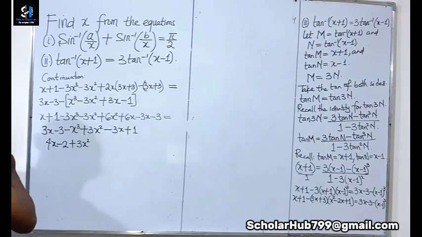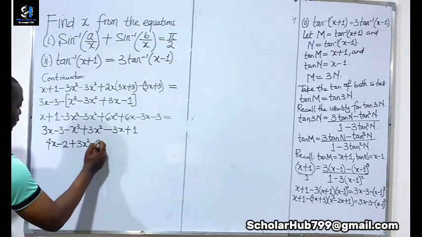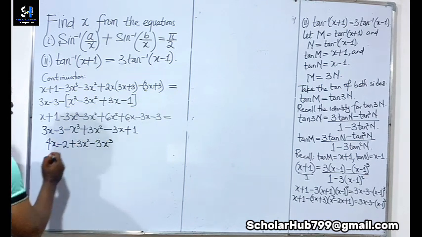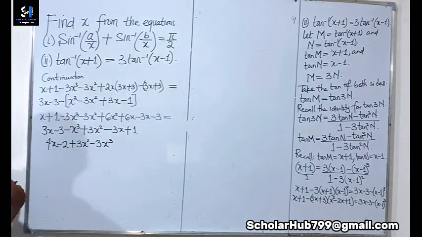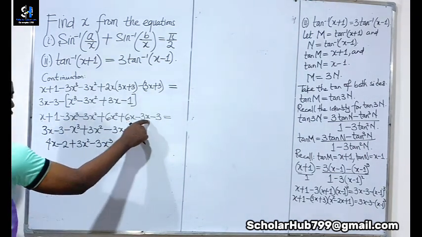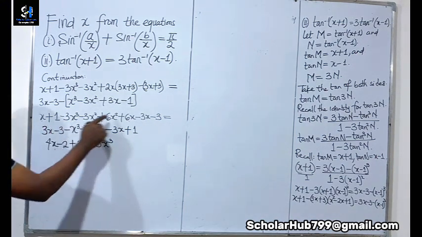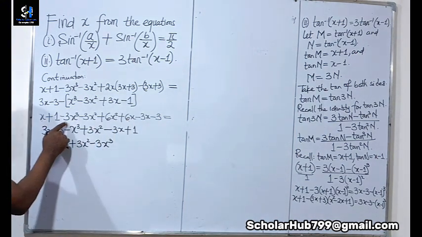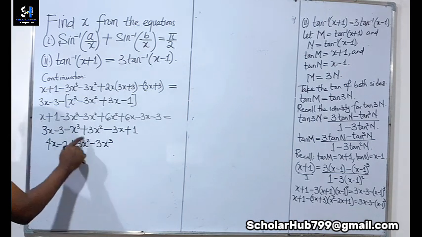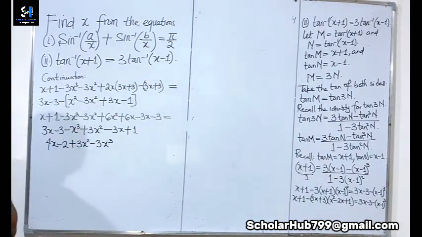Then we also have minus 3x cubed. So we have 4x, then 1 minus 3 is negative 2, minus 3x cubed, then plus 3x squared.